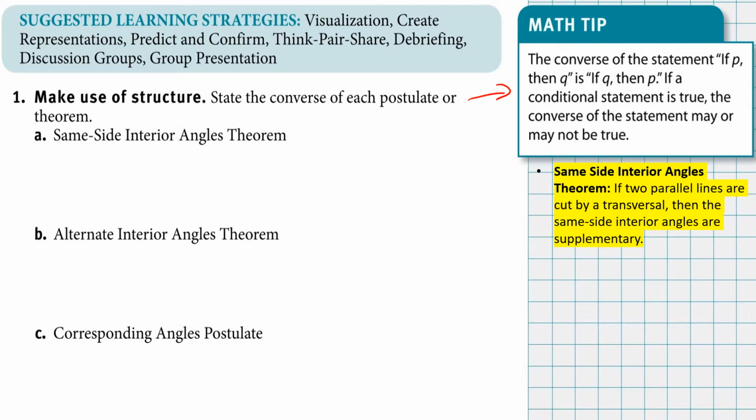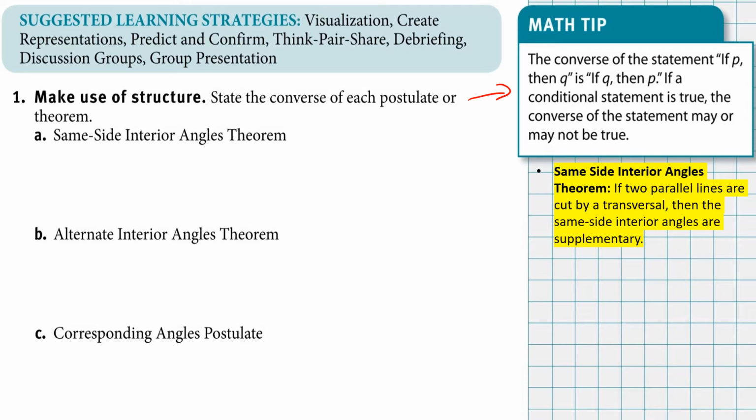But the main thing we want to get away from in that second part is that the lines are parallel, because we're proving that these are parallel. Just think about it this way: you cannot have same side interior angles if the lines aren't cut by a transversal. So we have to keep that lines being cut by a transversal part in the hypothesis, in the if statement.